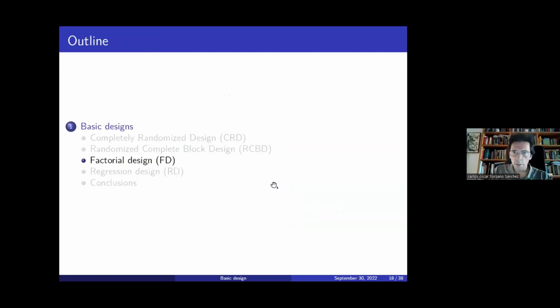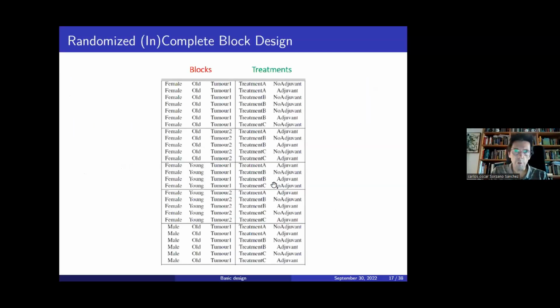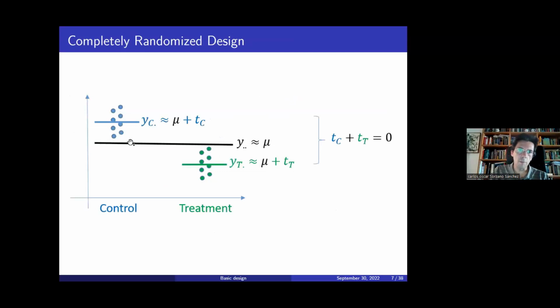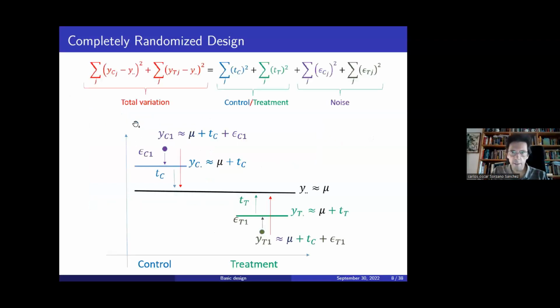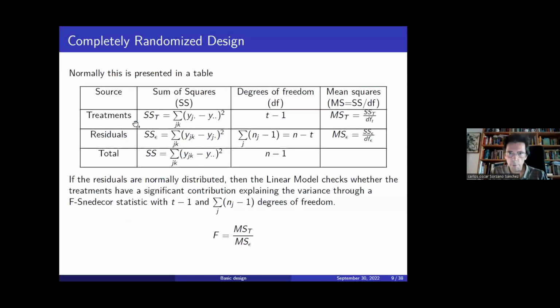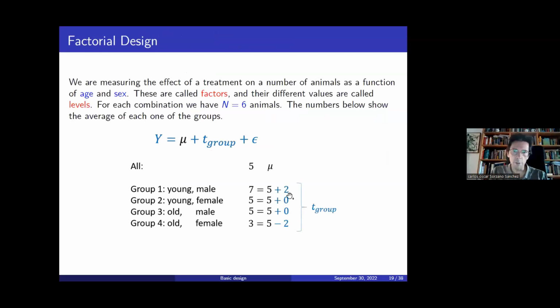This 2 is the difference that we had at the beginning. For the other groups we have something similar: a difference of 0, a difference of 0, and a difference of -2. And note that the sum of all of these is again 0.